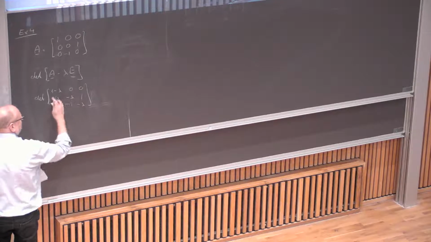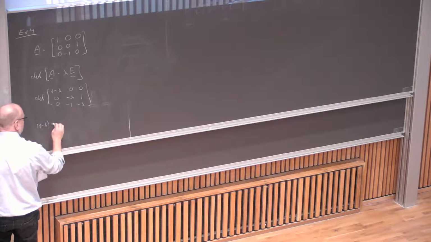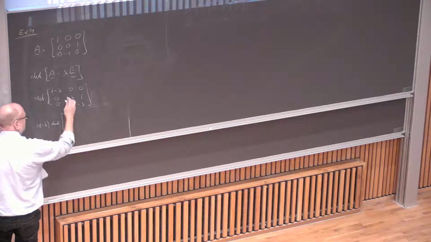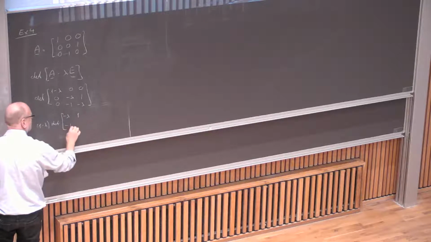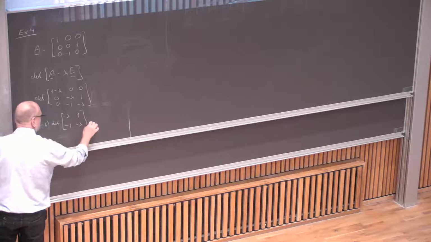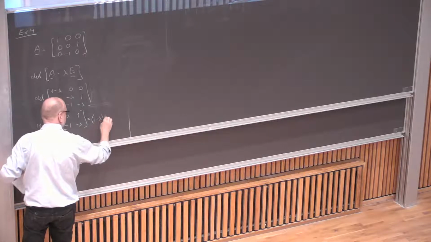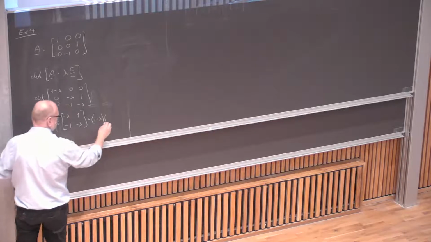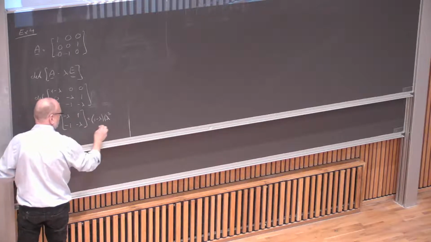Again, you have a row here with only one element different from 0, and then you get the determinant of this submatrix, minus lambda, 1, minus 1, minus lambda. So this will give you 1 minus lambda times lambda squared plus 1.